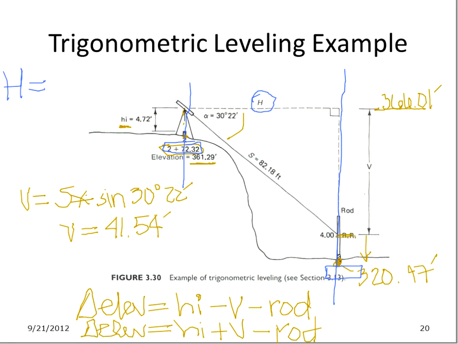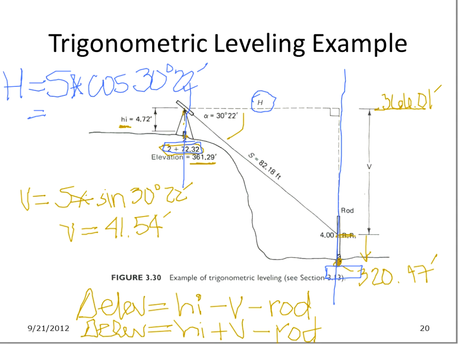And we know from our right triangle that in this case, h is going to be equal to s, which is our slope distance, times the cosine of 30 degrees and 22 minutes, right? Because again, the cosine of this angle is the adjacent side over the hypotenuse. So the adjacent side is h over the hypotenuse s, which if you rearrange the terms to solve for h is s times the cosine of this angle. That's going to give you a value.